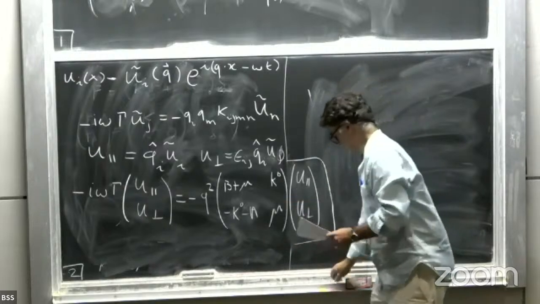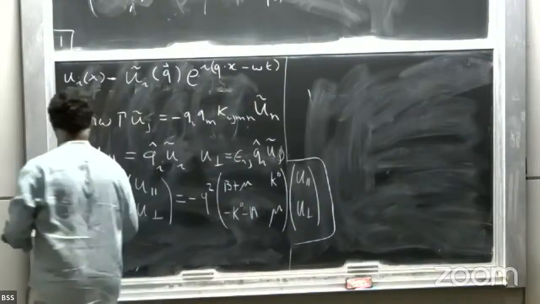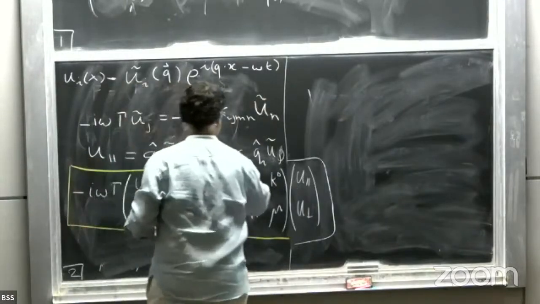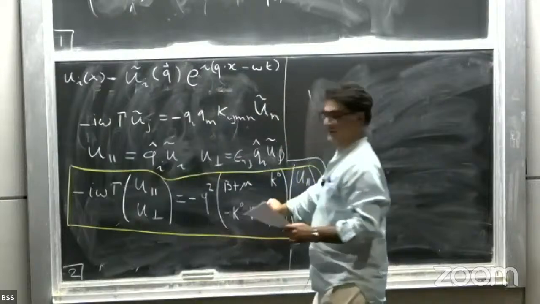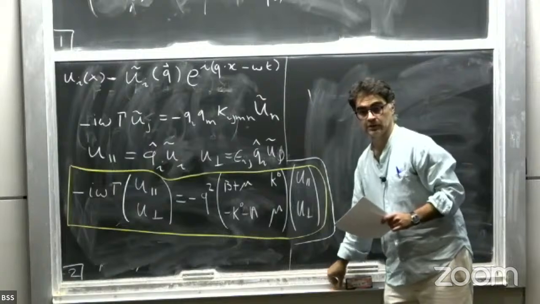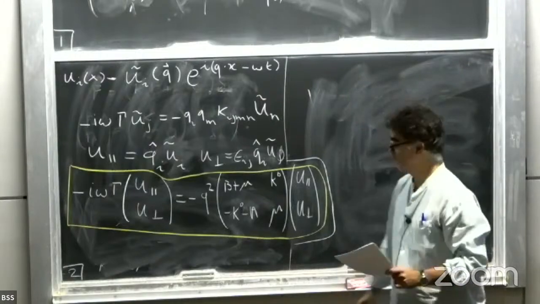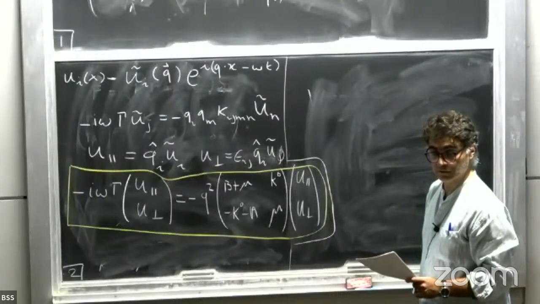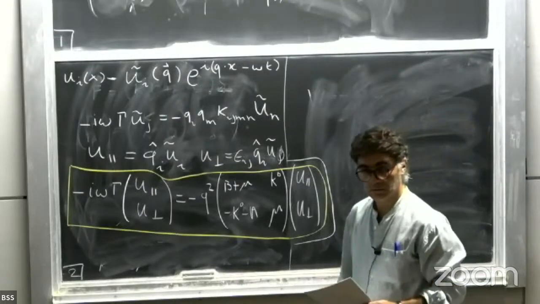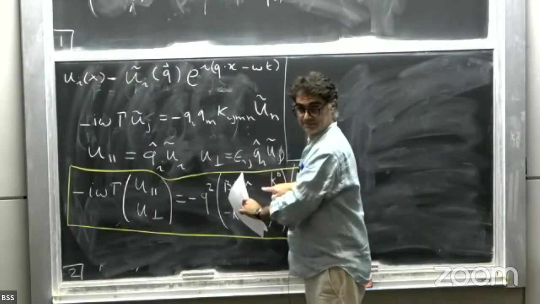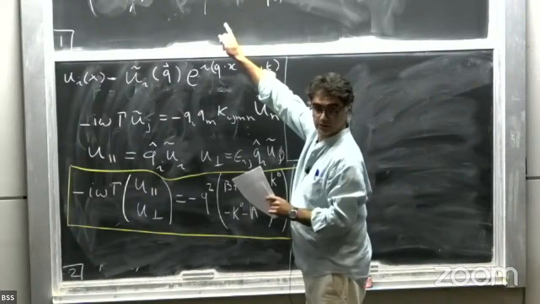This equation here is the spectrum, but it's still not in a particularly nice form. For K_ijmn, in this expression, I'm using the full K naught.